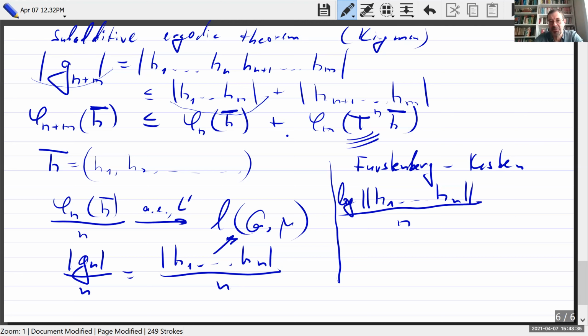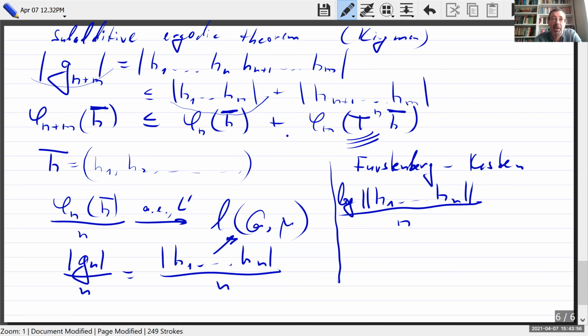I just have a certain measure-preserving transformation, and I have a subadditive sequence of functions. And then if I can interpret the state space of my transformation as a space of certain sample paths somewhere, then I have the subadditive ergodic theorem.